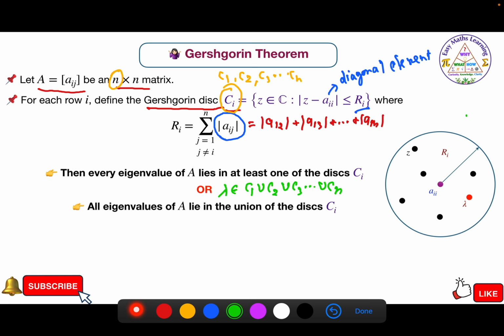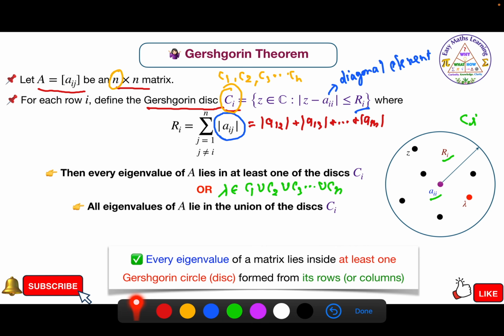This is the diagram. You can see this is the disk Ci with center aii, which is the diagonal element of the matrix, and this is the radius Ri, which is defined as the sum of absolute values of non-diagonal elements, and this is the eigenvalue which is inside this disk. So finally we write the statement of this theorem.